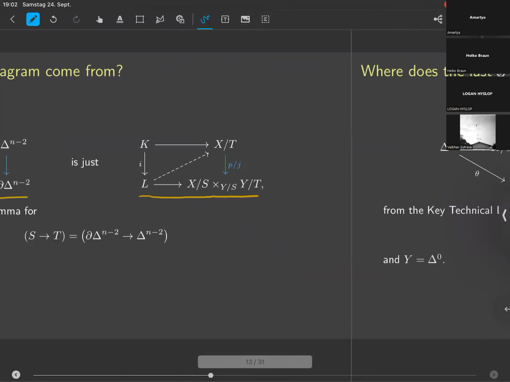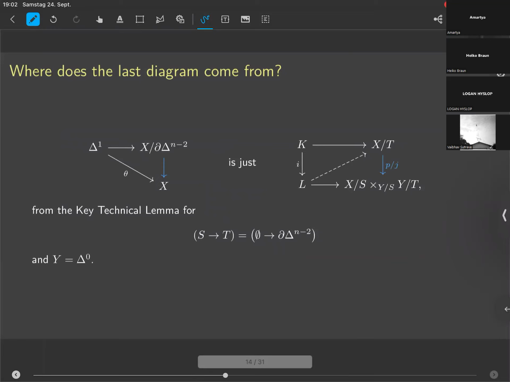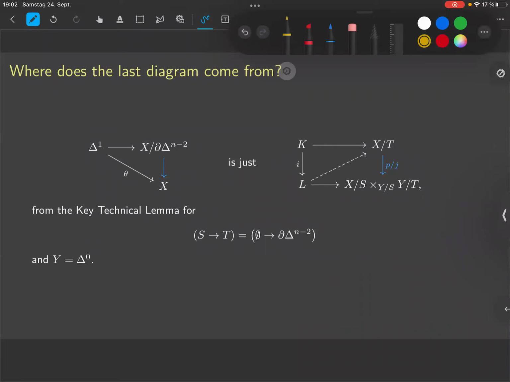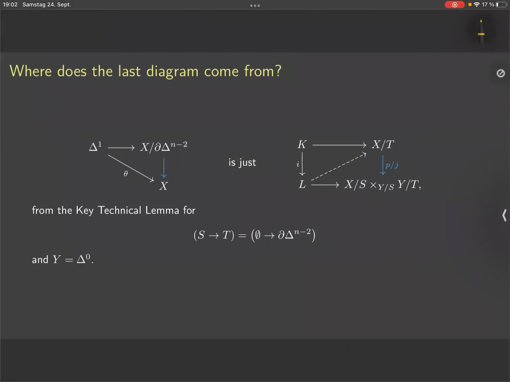This works as follows. We have again an instance of this diagram, but now for the inclusion of the empty set into delta n minus 2. So why does it work? What we are doing here? This T is, of course, just replaced with this. So this is not a problem.